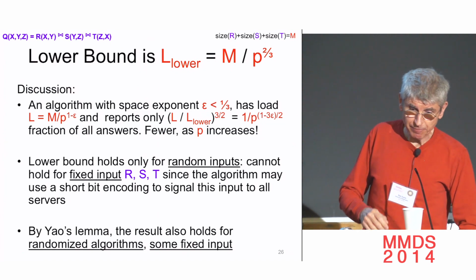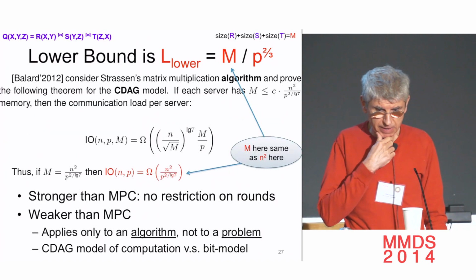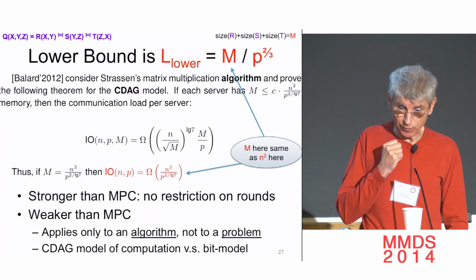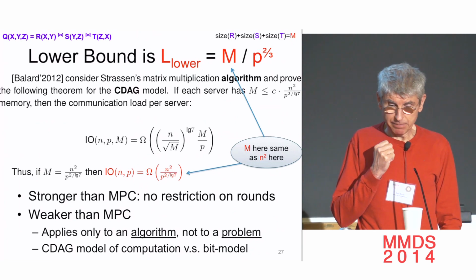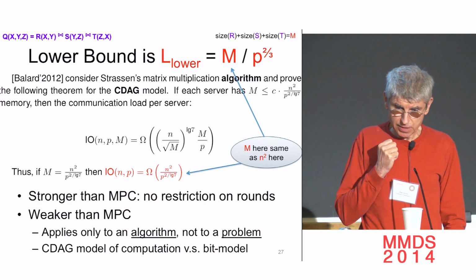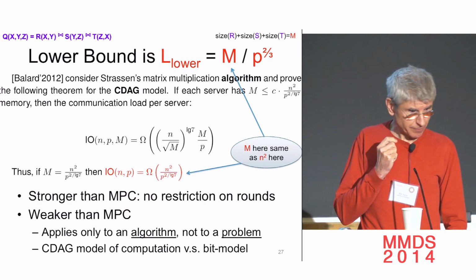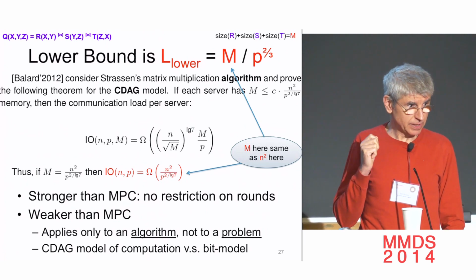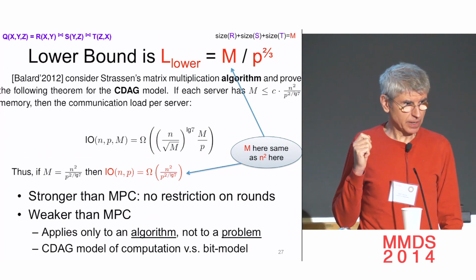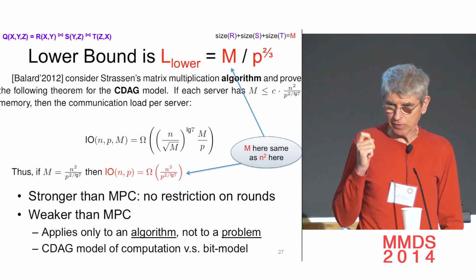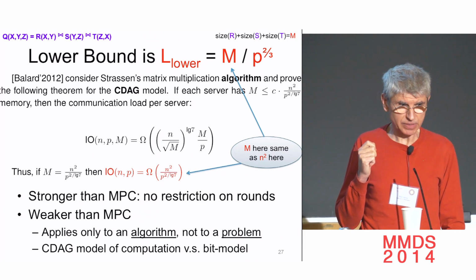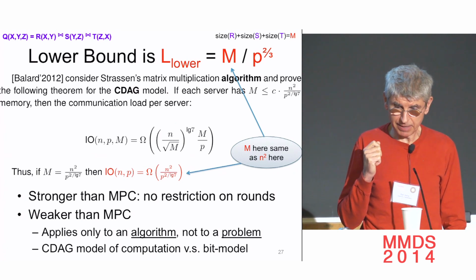One more discussion. In a recent paper, Ballard, Demmel and others proved a quite interesting result about Strassen's matrix multiplication algorithm. They used an extension of the old computation DAG model from '81, the red-blue pebble game.